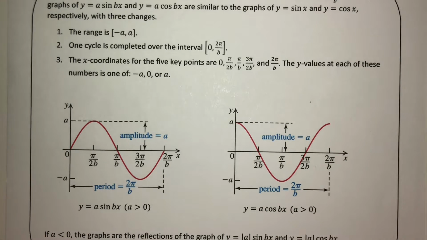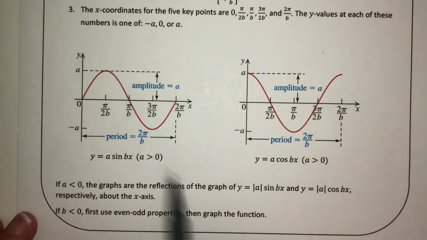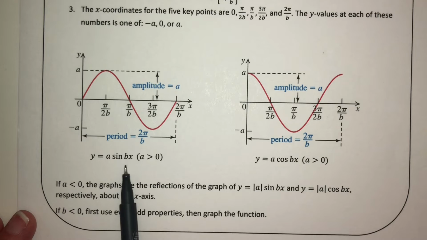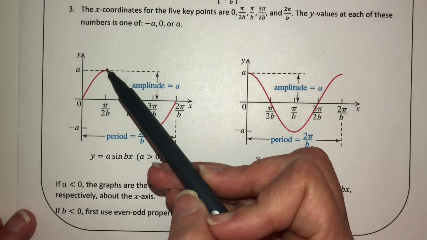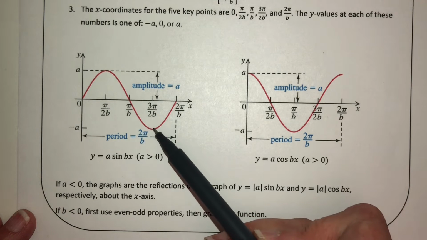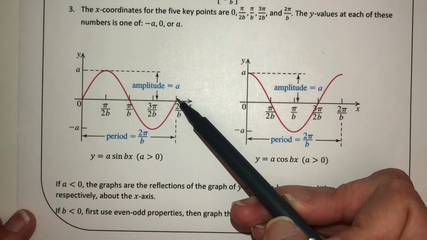And we know for our 5 major points on both sine and cosine, we will get the amplitude either positive or negative or 0. So right here for sine of bx, it starts at 0 and it goes up to your a value, down to negative a, to here.